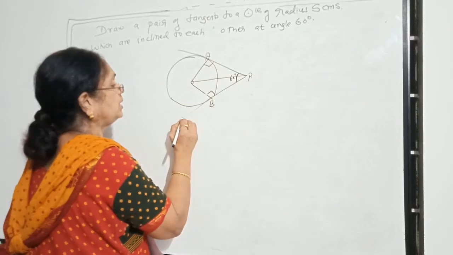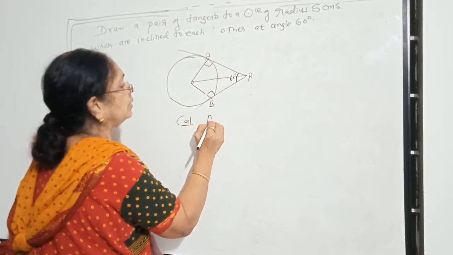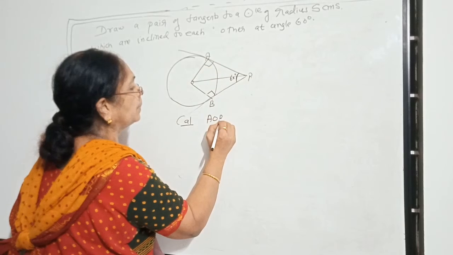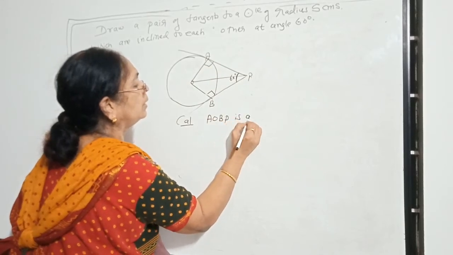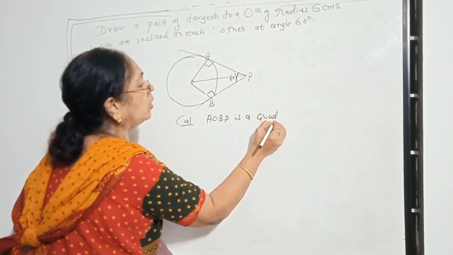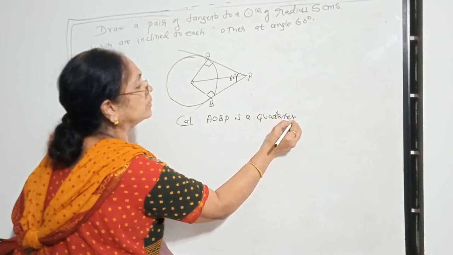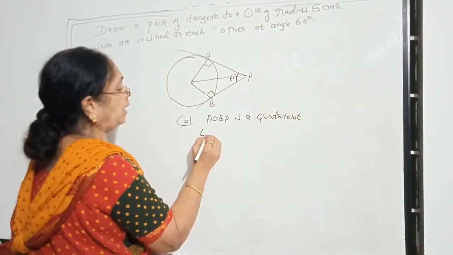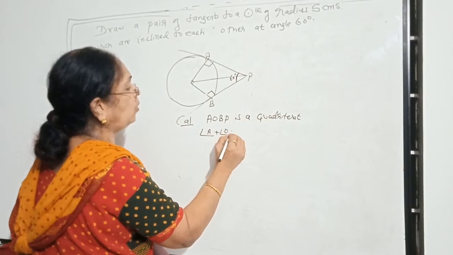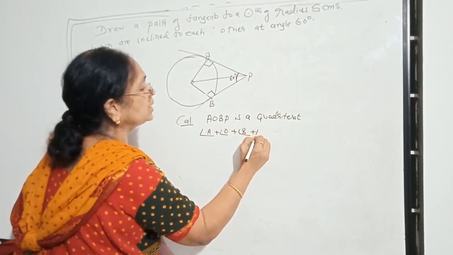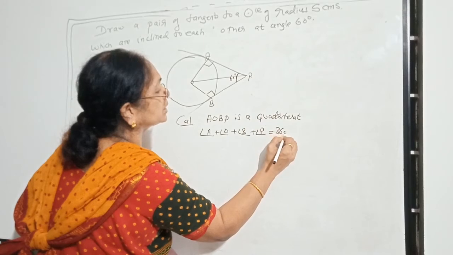Now, see children, calculation. A, O, B, P is a quadrilateral, and angle A plus angle O plus angle B plus angle P should be equal to 360 degrees.